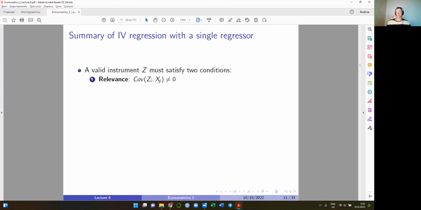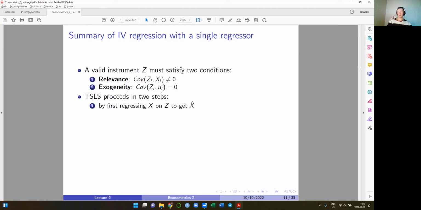So basically you need to believe, or you need to somehow claim and of course argue, that this instrument affects the endogenous variable. And exogeneity. So an instrument must be not related to the error term, to all other factors affecting the dependent variable y.